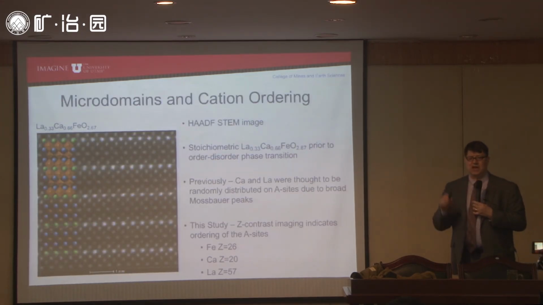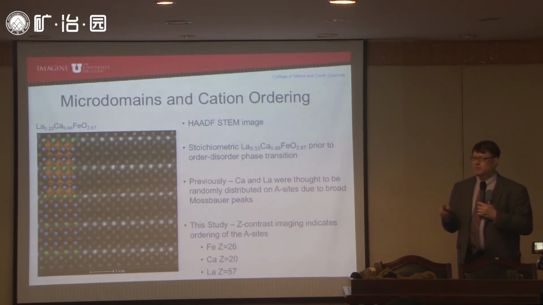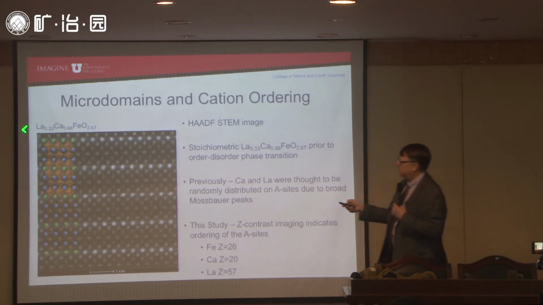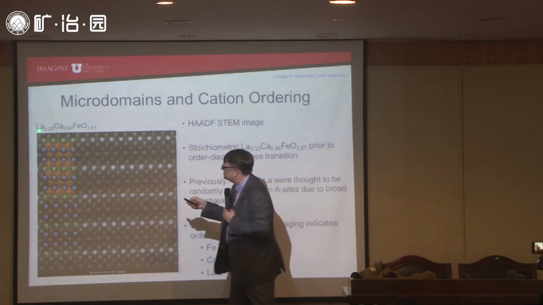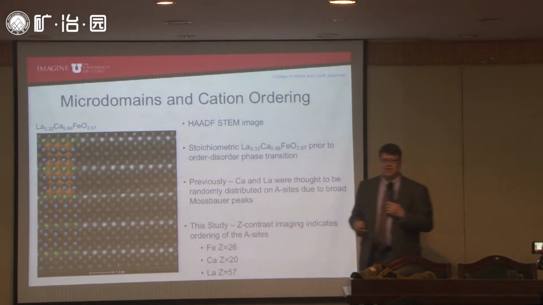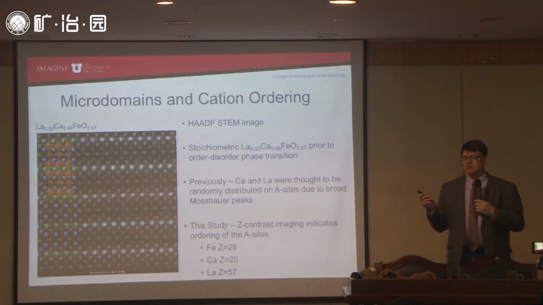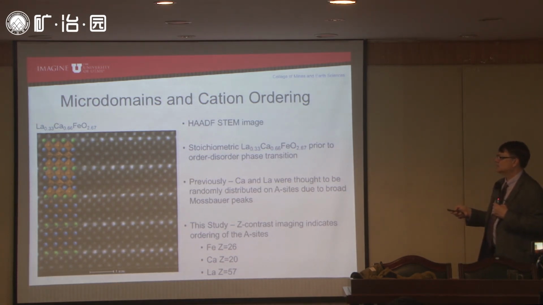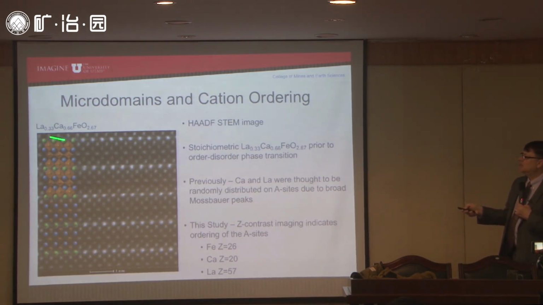So here's a high-resolution TEM image of a specimen that we made, and this particular one is, let's see again, lanthanum 0.33, calcium 0.66, oxygen roughly 2.66. So this composition would be the stoichiometric Grignard phase, if we could make it perfectly. All right?